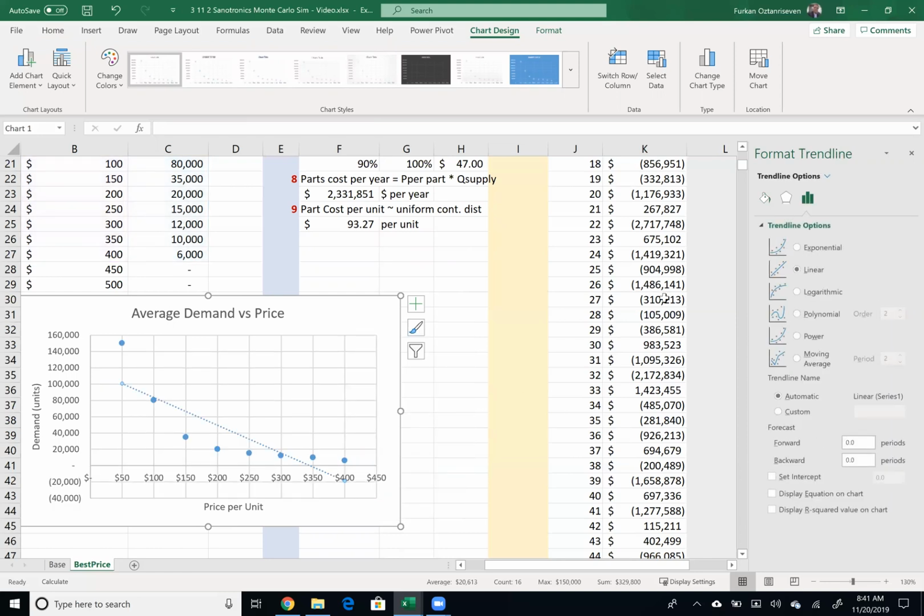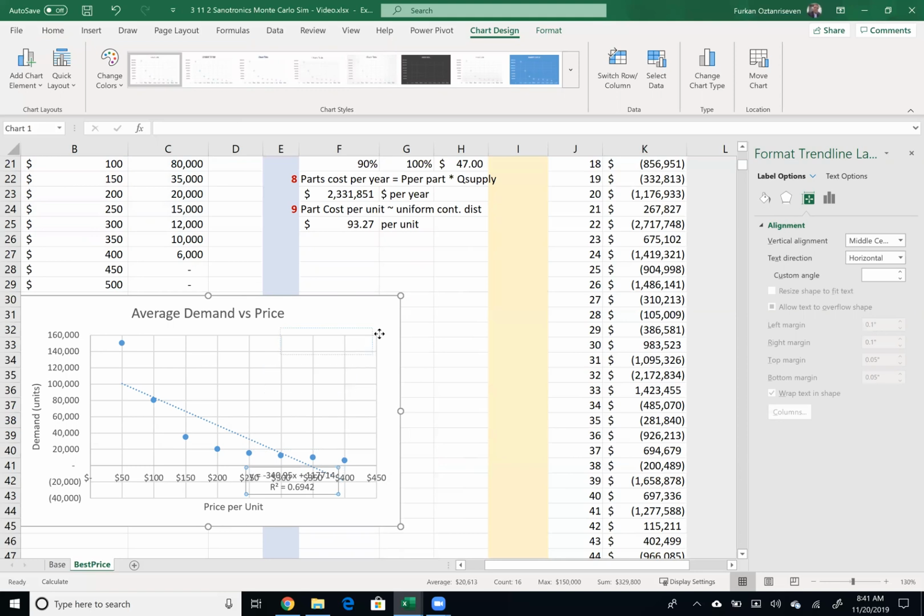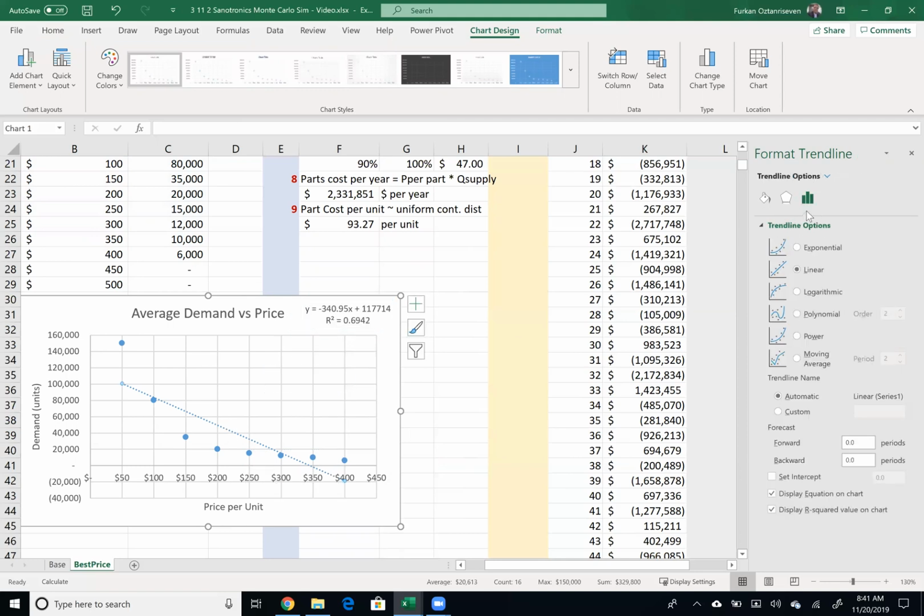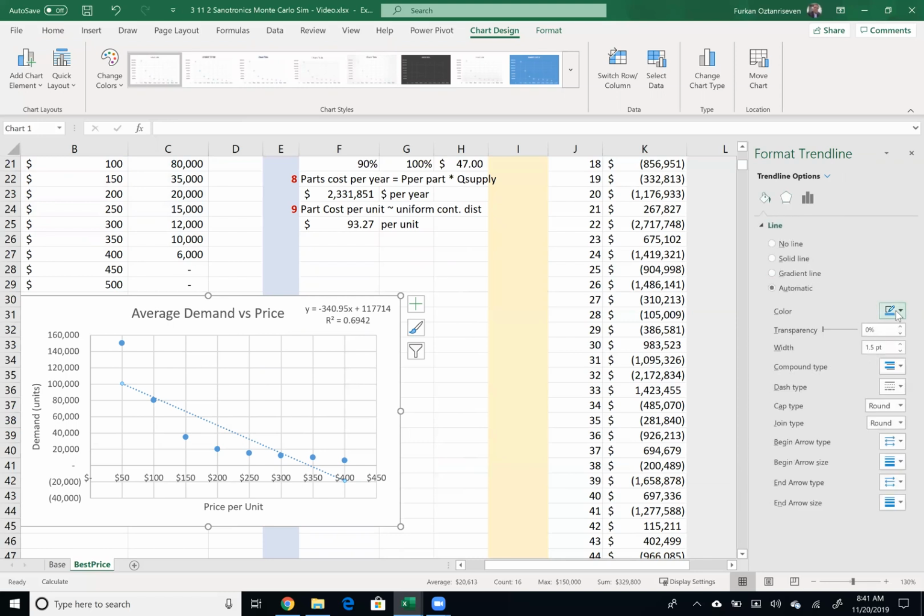So you have a bunch of options here. When I use a linear trend line, let's see what's the equation and what is the R square. So look at this. If I use the linear line, maybe I should color code it better for you guys. Let's use a different color here. Let's say purple, and let's make it even thicker.